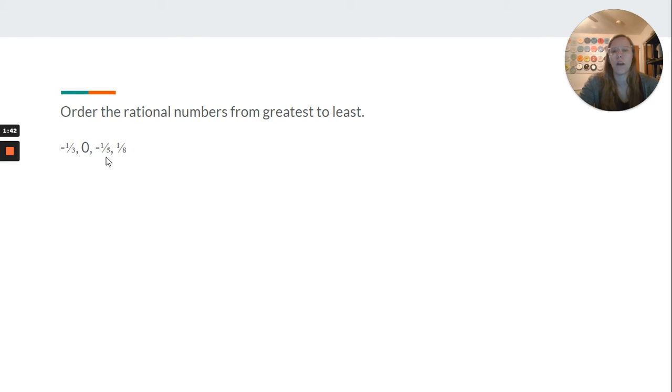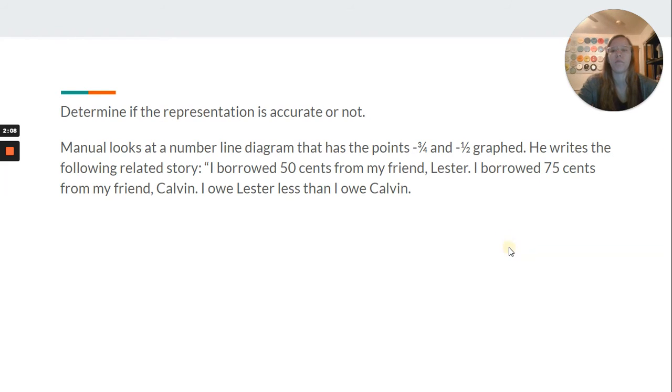Because with negative numbers, that's not always the case. However, -1/3 is -0.33, -1/5 is going to be -0.2. So it actually is going to be greater. So we have 1/8, 0, -1/5, -1/3. But you need to double check that because you would have -5 and -3. -3 is going to be greater.